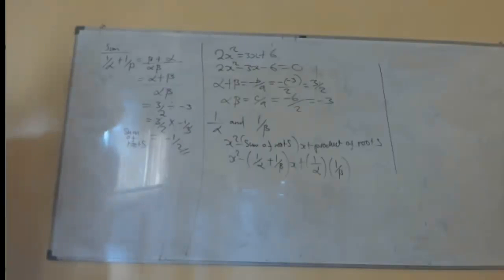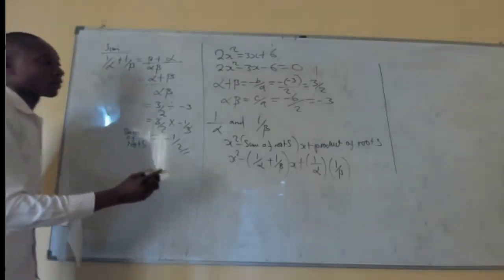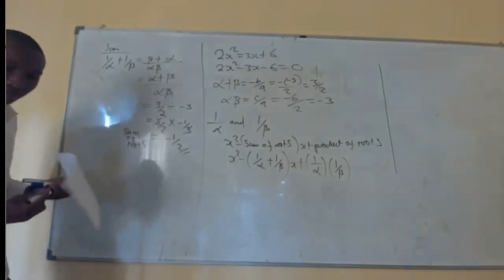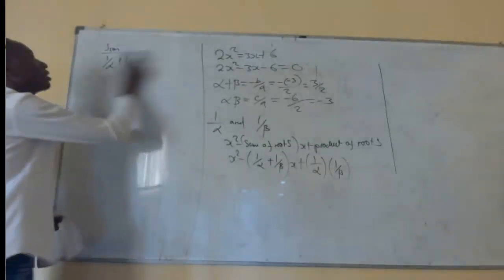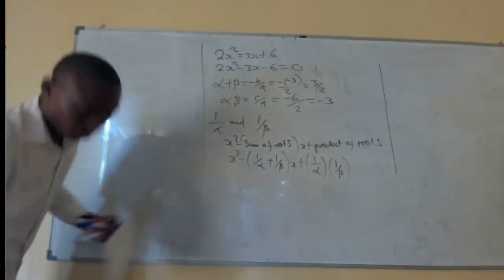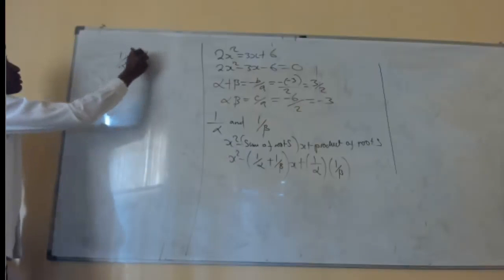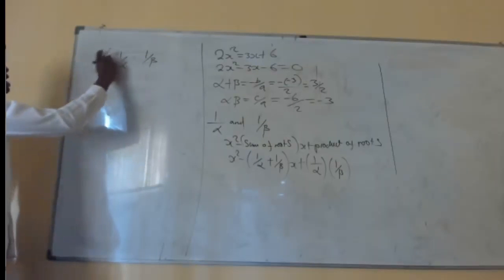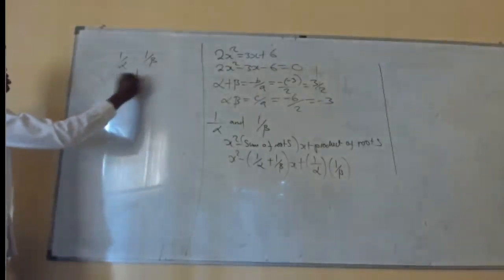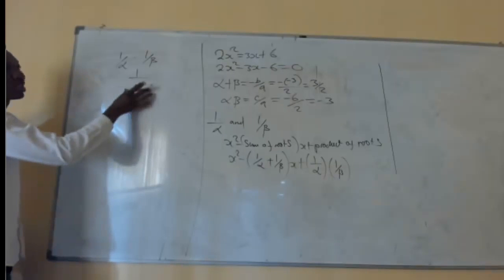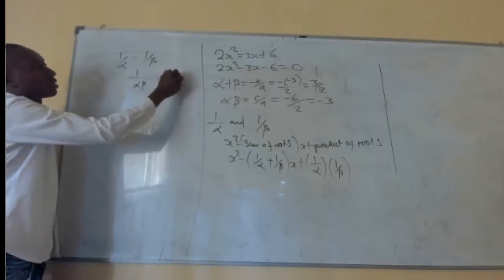We're going to say 1 over alpha multiplied by 1 over beta. So 1 times 1, because those are the roots. So 1 over alpha times beta. But do you know what alpha times beta is? Yes, it's negative 3. So this is just negative 1 over 3.